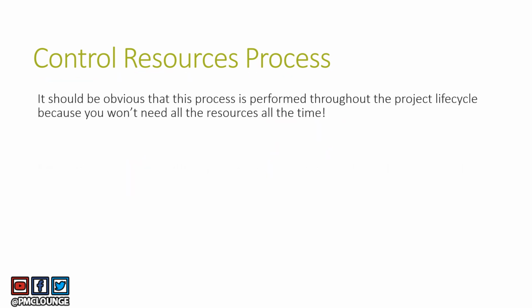A few more pointers. It should be obvious that this process is performed throughout the project life cycle, because you won't need all the resources all the time, right? So what you're basically doing is you are going to perform this process throughout, so that you make sure whether there is a shortage, whether there is a surplus of a certain resource. If you have used the resource and it is not required anymore, you need to release that resource as well.